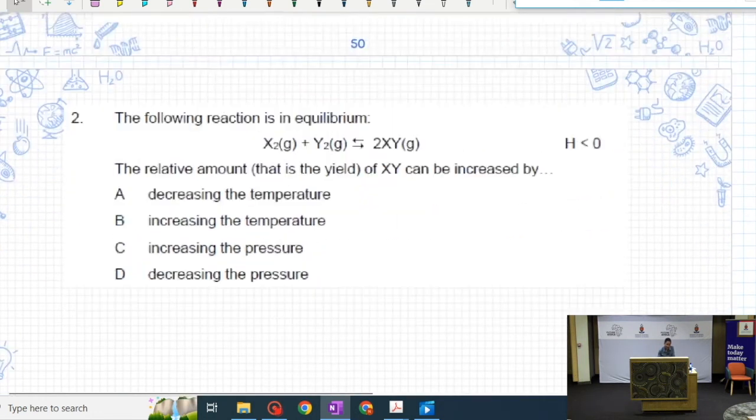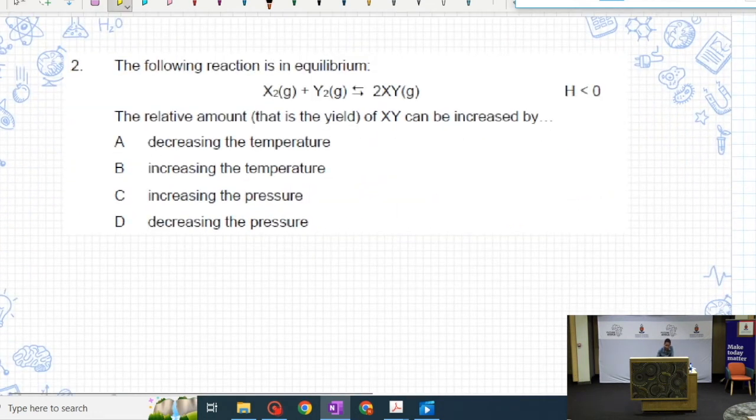So over here, next question, it says the following reaction is in equilibrium. Always when you have problems on chemical equilibrium, pay attention to the phases. What phases are we dealing with here? Gases. Everything is a gas. Very important.